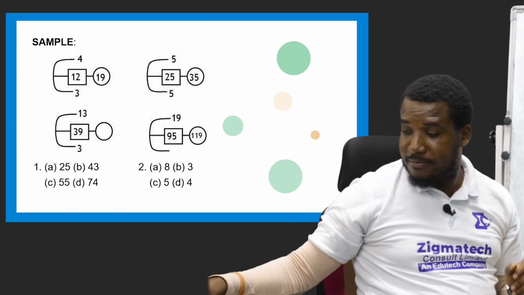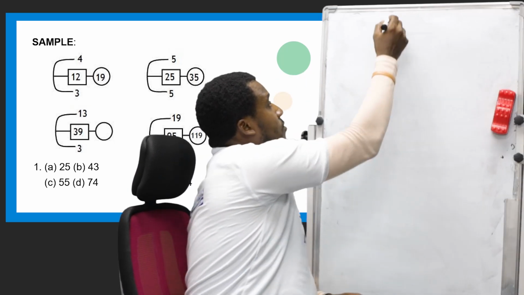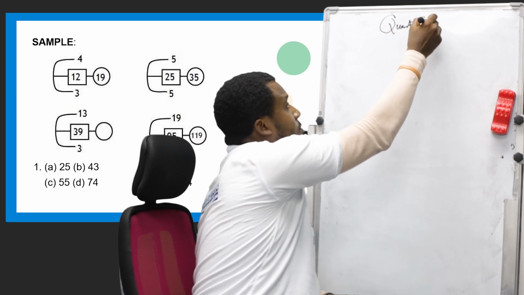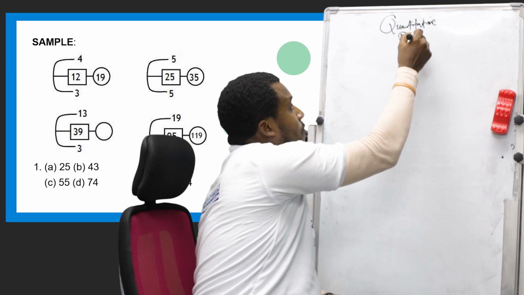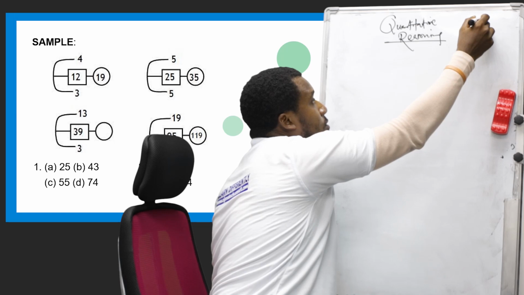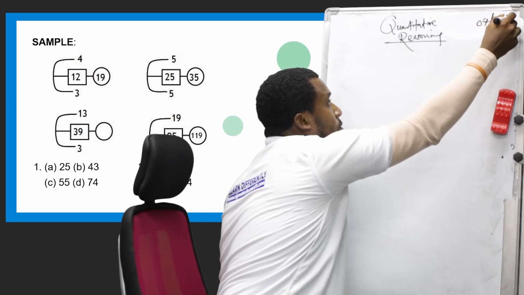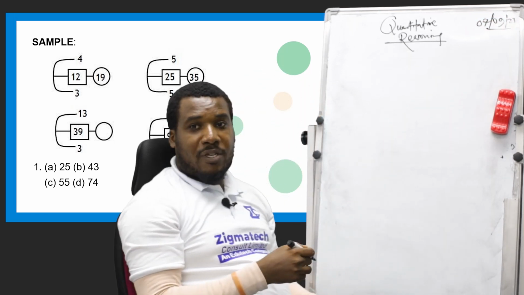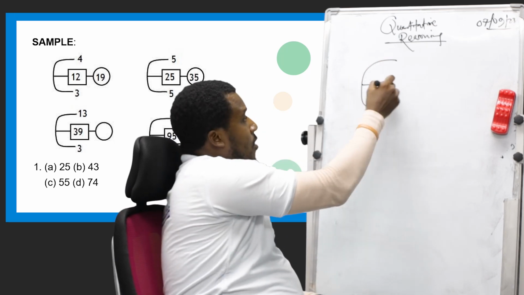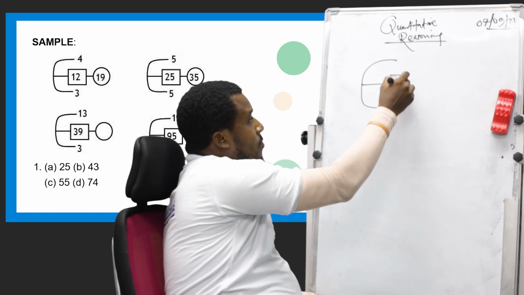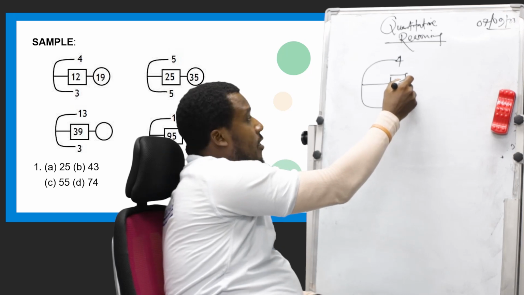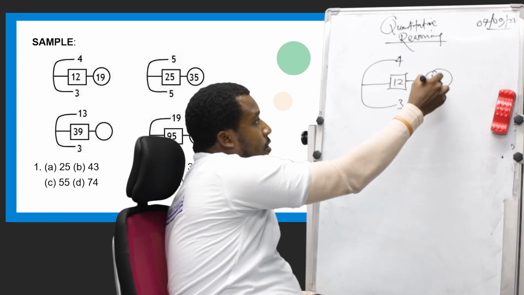Now what that means is that you have a pattern like this: 4, 3, and they say this guy shoots up to 19 here.